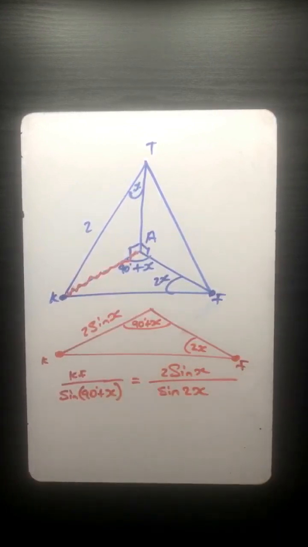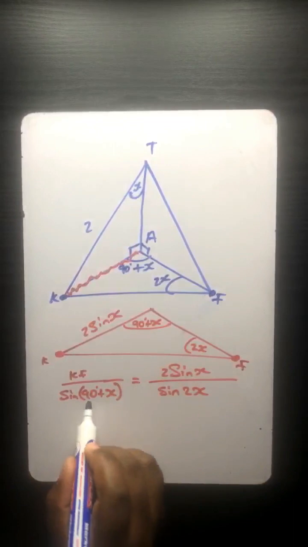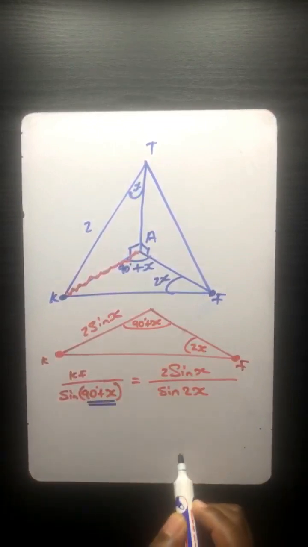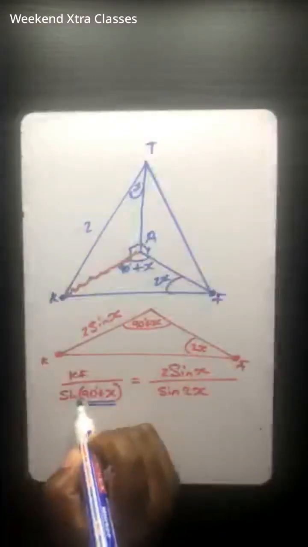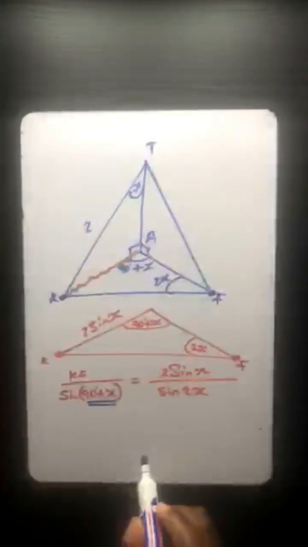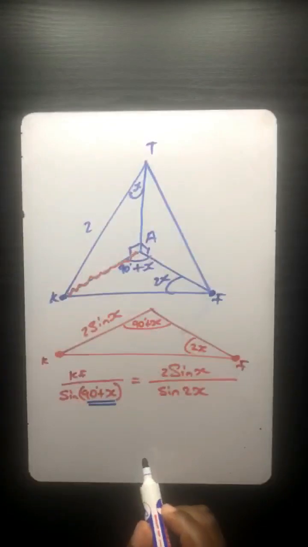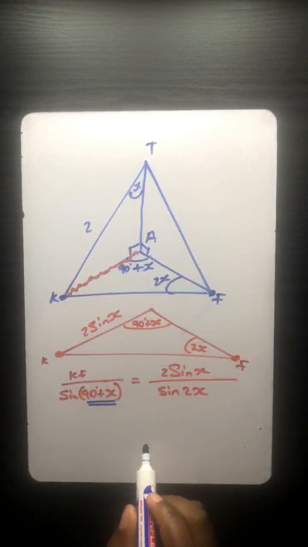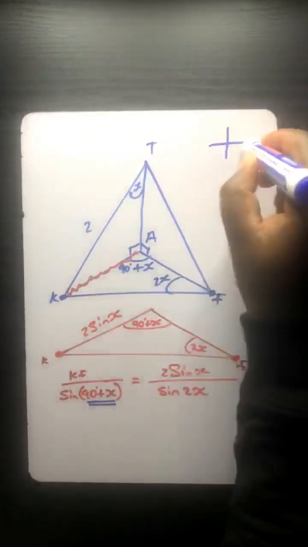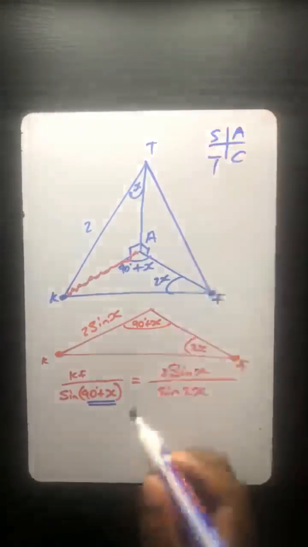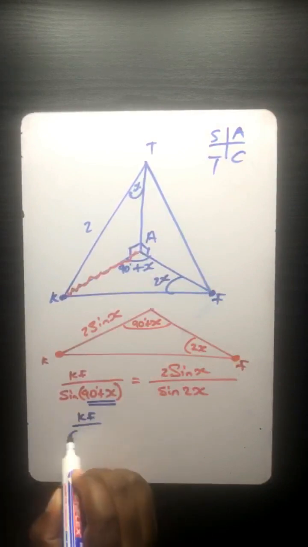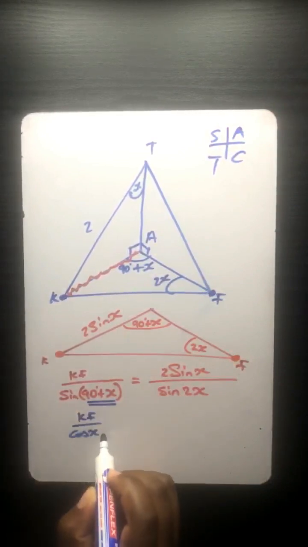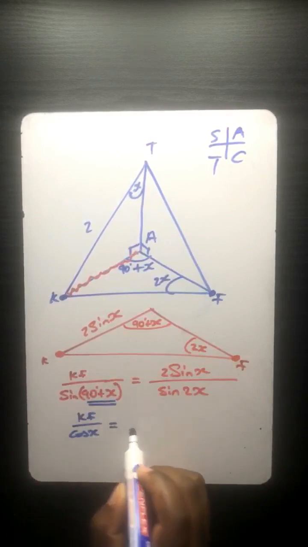But before you cross multiply, this is now a reduction formula. It's 90 plus an angle, which takes you into which quadrant? Second quadrant. In the second quadrant, is this thing positive or negative? Let's see. Oh, yes, it's positive. Then if it's positive, that means it changes to a co-function. So it's more like you're having sine of 90 plus x, which equals cos x.